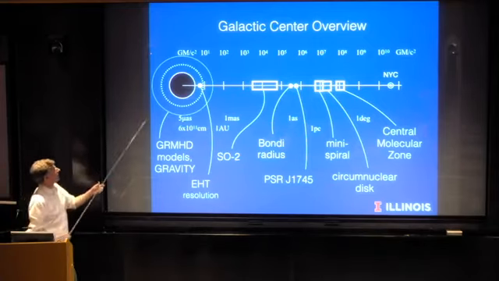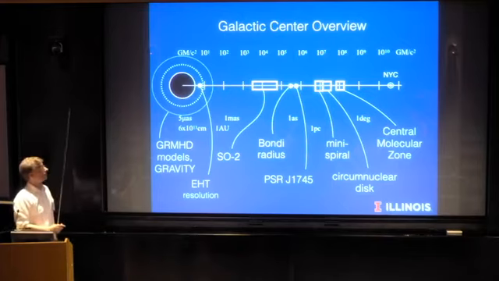So this is a map of our galaxy. The central black hole is here. New York City is here. And this shows distance from the center of the galaxy in units of GM/c². So we're out at about 4 × 10⁻¹¹ GM/c².